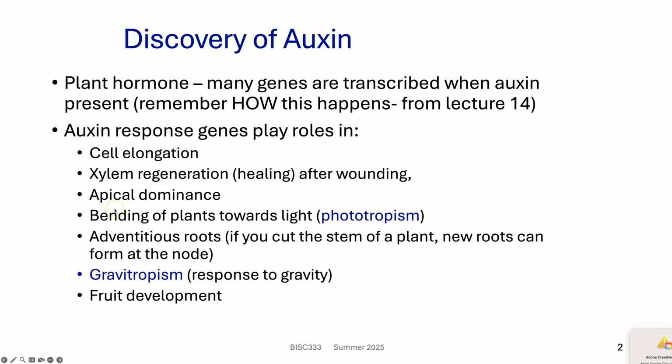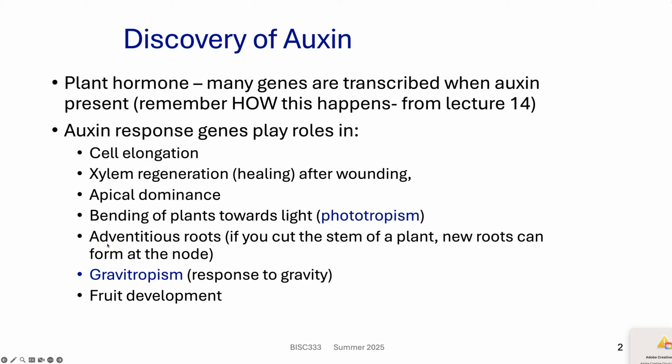Apical dominance, I think I mentioned in the previous lecture that the most apical bud is usually dominant. If you remove it, though, when you pinch back a plant, for example, to make it bushier, apical dominance is lost because the bud is gone, and so the lateral buds start taking over. Both photo and gravitropism, which I'm going to talk about briefly.